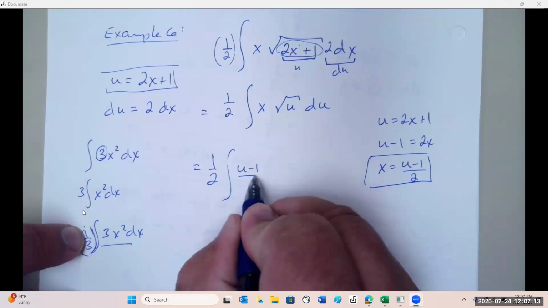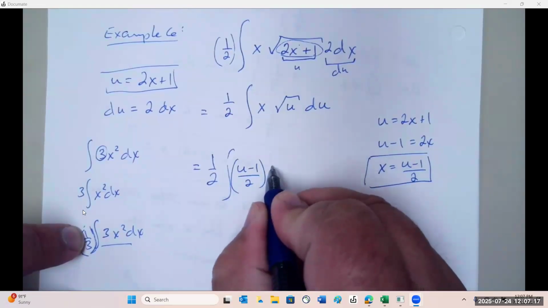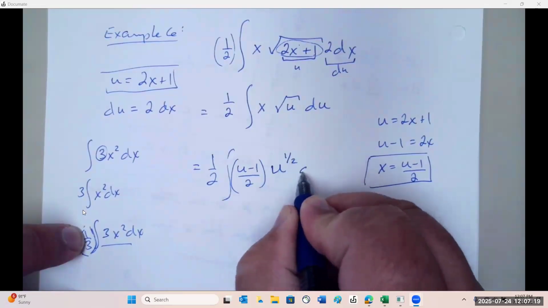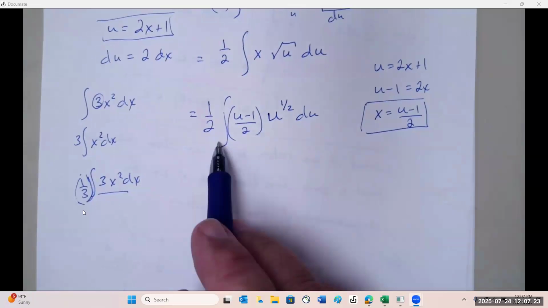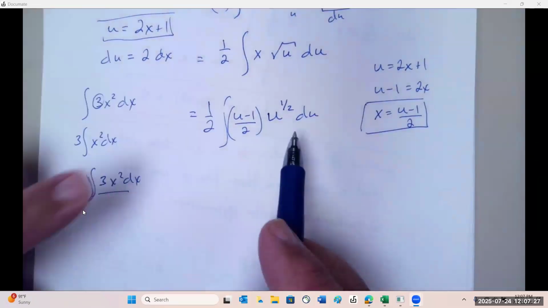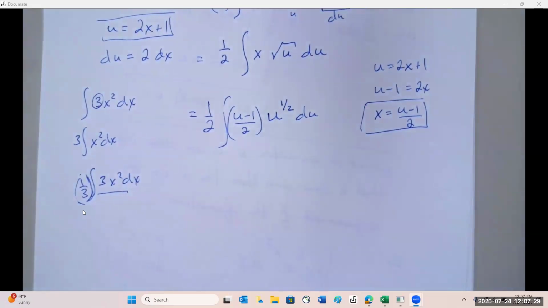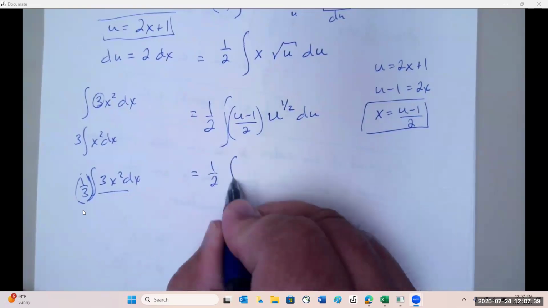So I have (u minus 1) over 2, and I have u to the power 1/2 du. Now I only have an integral and the integrands are all just functions of u, no more x's. Okay, algebraically, what do we do? Well, this is a constant multiple.